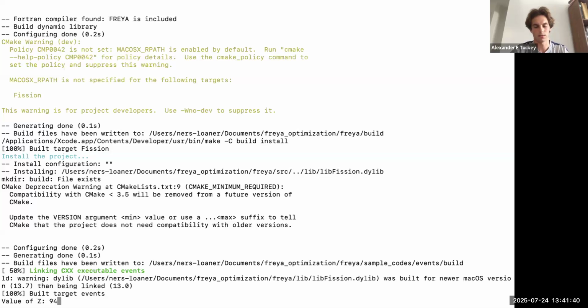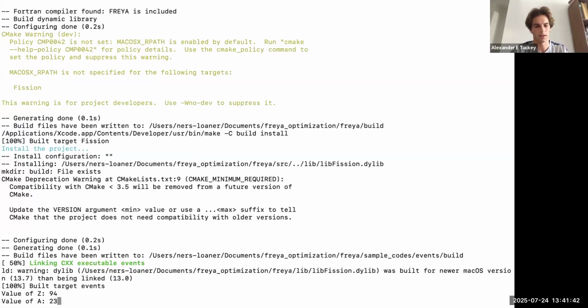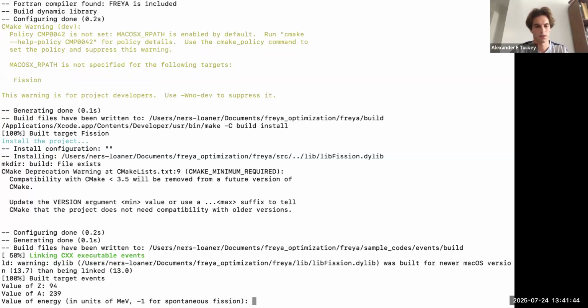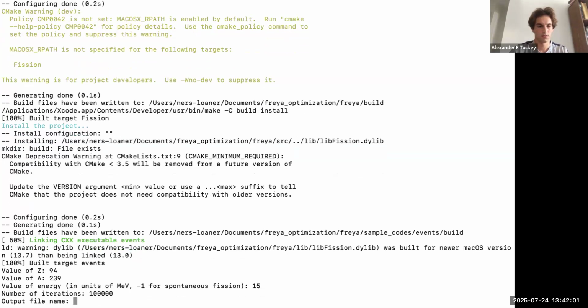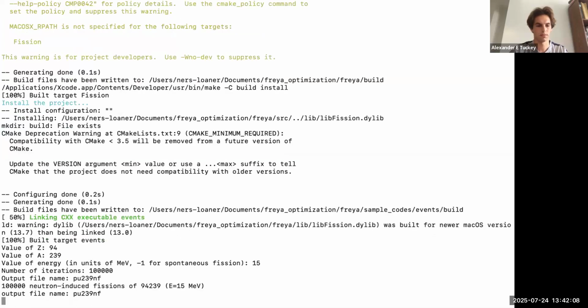That has charge of 94, mass 239. We can do a large incident neutron energy to see some of the pre-fission neutron emission, so do 15 MeV there. And just to be quick, do 100,000 events. We can name our output file plutonium-239 neutron-induced fission.